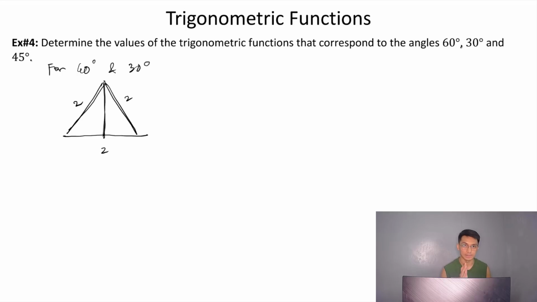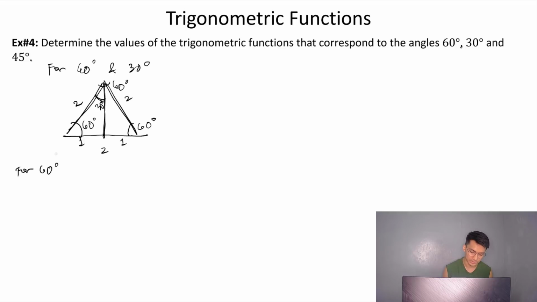And dahil hinati natin sa gitna, 1 na lang ito. 1, 1. This is 60 degrees, 60 degrees, 60 degrees. So, ganyan ang equilateral triangle. And dahil hinati natin sa gitna, the value of this now is 30 degrees. Or we can now solve for the values of the trigonometric functions for 60 degrees and for 30 degrees. First, let's solve for the values of the trigonometric functions for the 60 degrees.